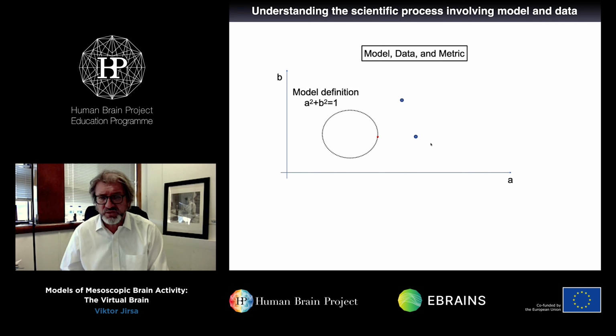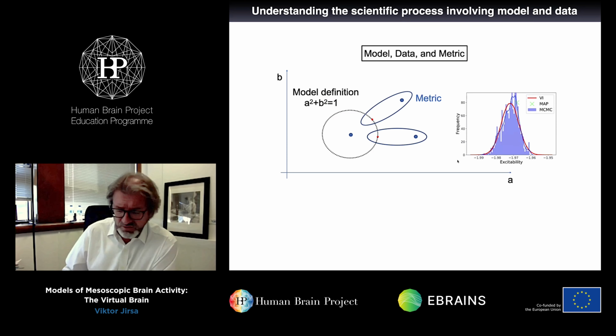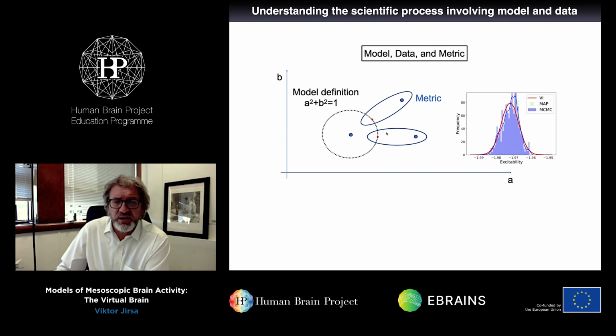I can measure this, then I can make another measurement and find the next closest point. In order to do this, I need to define some metric. This could be the Euclidean distance between here and there. And in the presence of noise, I will not only have one single point here, but if I perform this measurement multiple times, I will have multiple points defined on the circle.